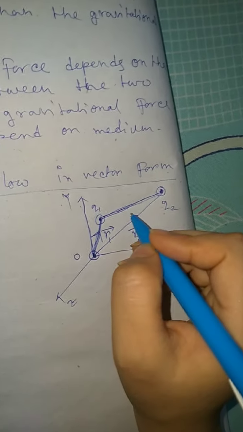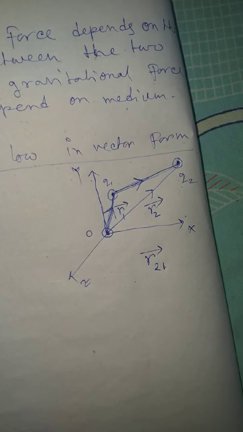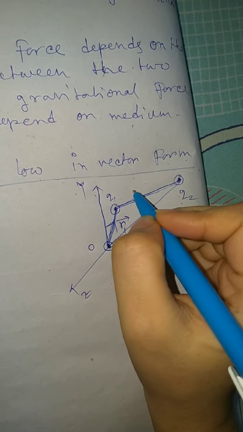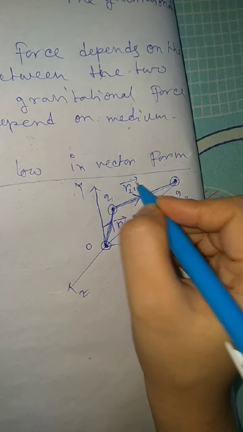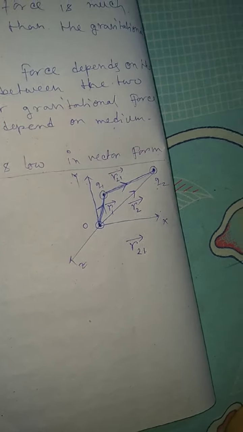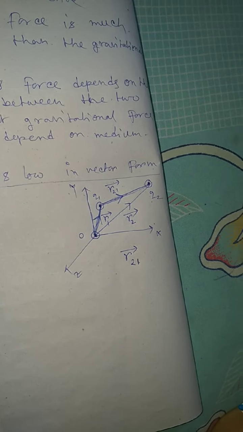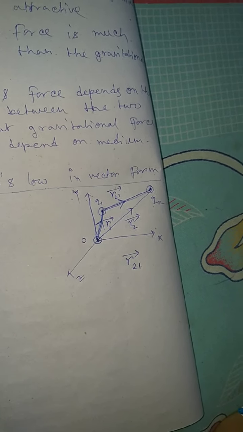Okay. And the direction is Q1 to Q2. Clear? So this is the direction of R21. What is R21? Again I am repeating, R21 is the position vector of Q2 charge with respect to Q1 charge.